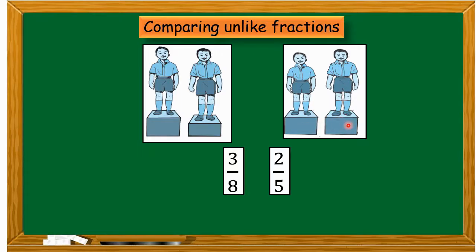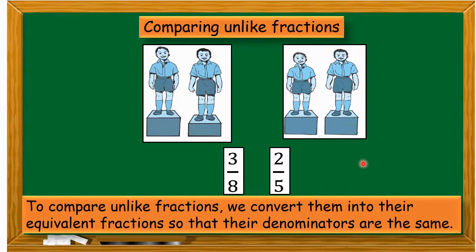Similarly, if fractions have same denominators, their numerators decide which fraction is bigger. Therefore, to compare unlike fractions, we convert them into their equivalent fractions so that their denominators are the same.